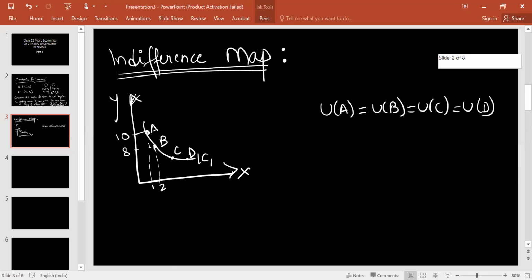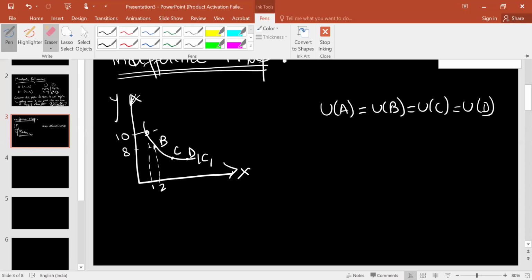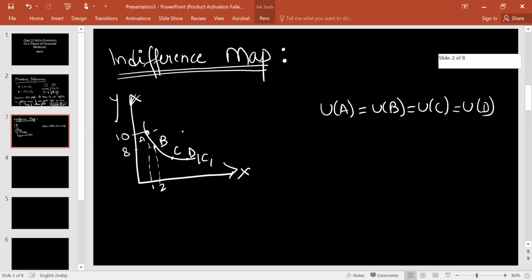However, let's say we have 2 units of X and 10 units of Y, right? This is A basically. Now if I want 2 units of X and 10 units of Y, I will not get the same level of utility.